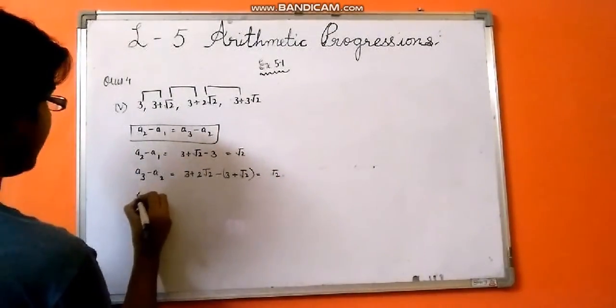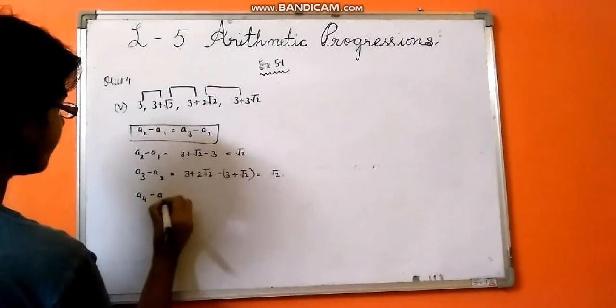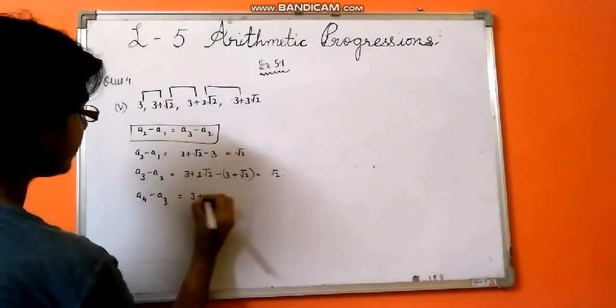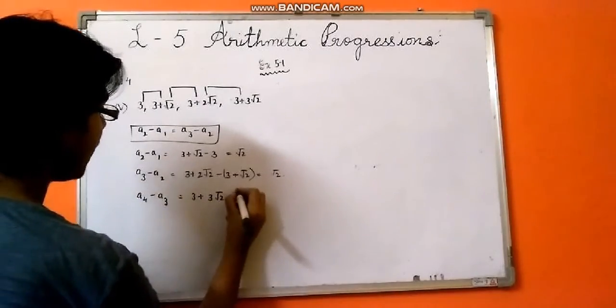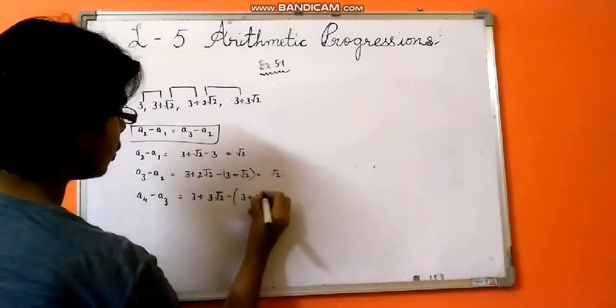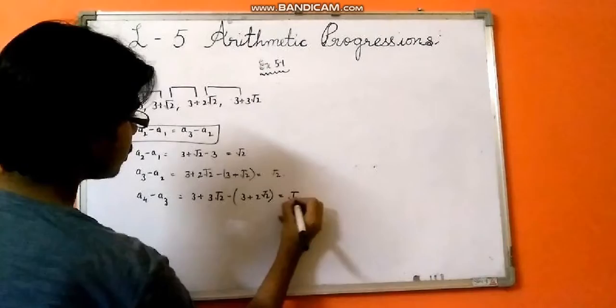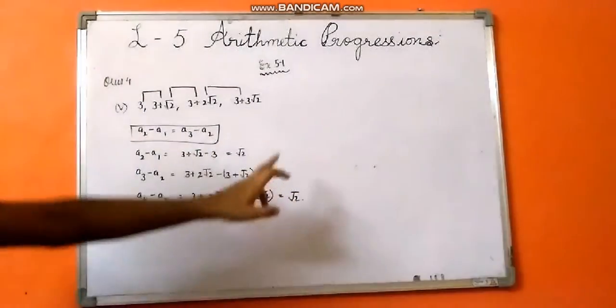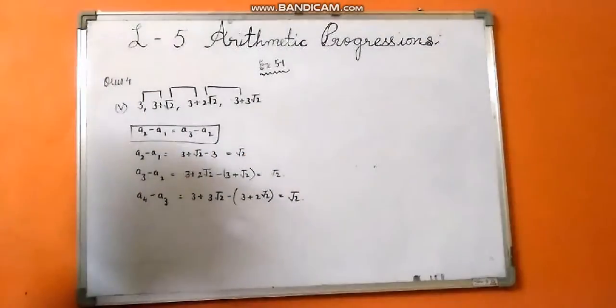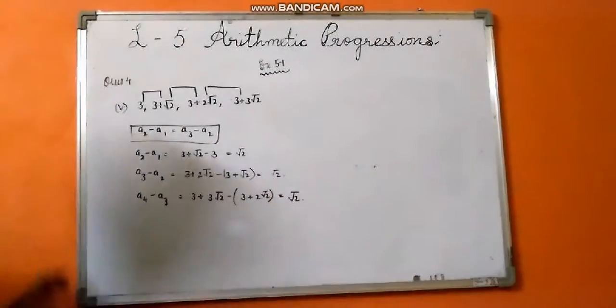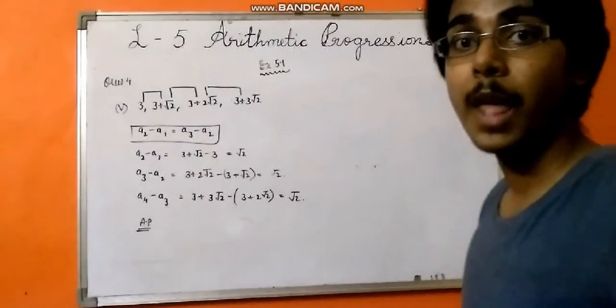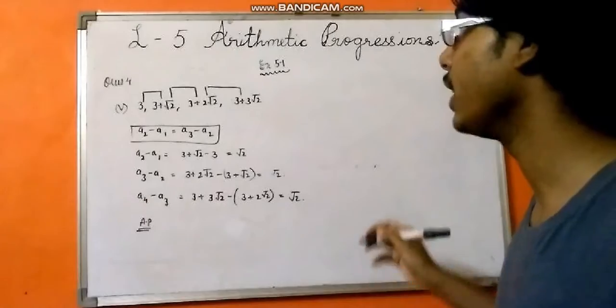What is A4 minus A3? We have 3 plus 3 root 2 minus 3 plus 2 root 2, which is again equal to root 2. So we find that the common difference between all the corresponding terms is the same. So this is an AP. Now how will we find the next four terms? See, it is very simple.